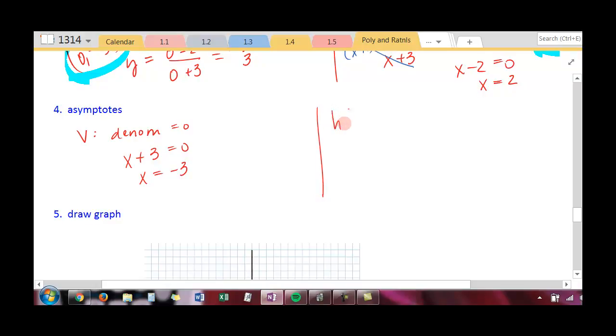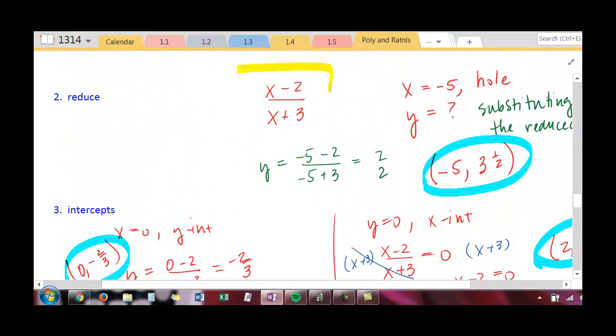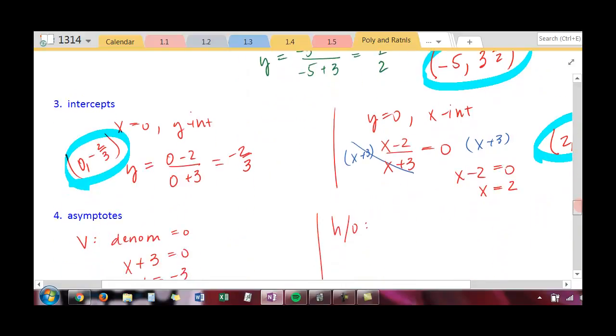And then for my horizontal or oblique asymptote, we want to look at the degree of the function. Since we are dealing only with this reduced function, the degree of the numerator is 1, and the degree of the denominator is 1.